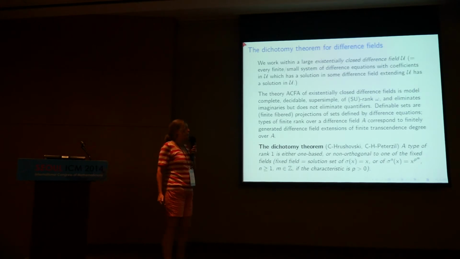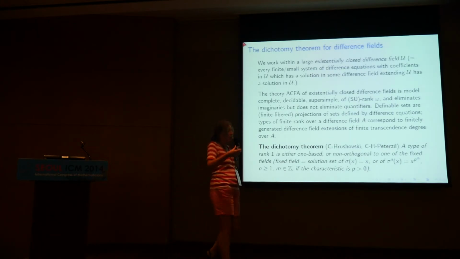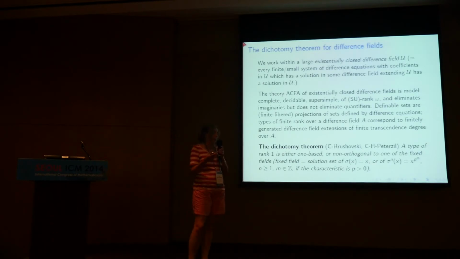So the theory has some model theoretic properties. As I said, if you are within this monster model U, you look at an algebraically closed difference field, then its isomorphism type will determine which formulas with parameters in that difference field are satisfied in the big model.